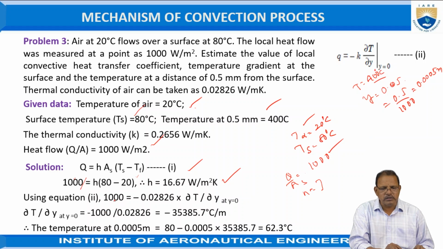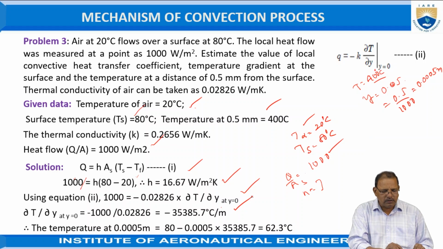Using these equations now, Q is equal to 1000, which is equal to K into dT by dy, where dT by dy is representing the temperature gradient at y is equal to 0. From this relationship we got dT by dy at y is equal to 0 as minus 35,385.7 degrees per meter.